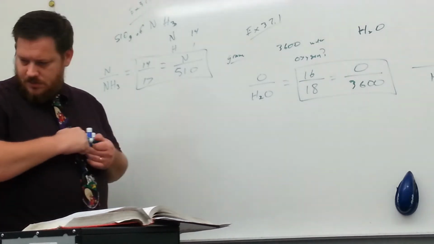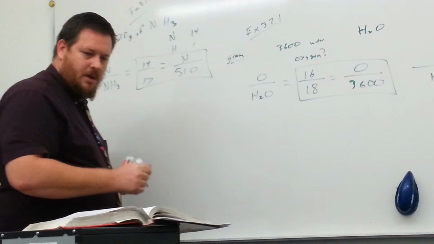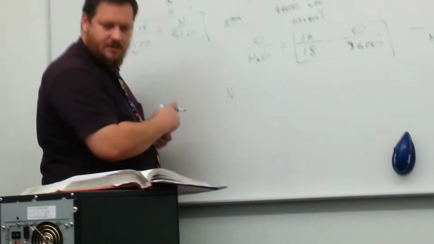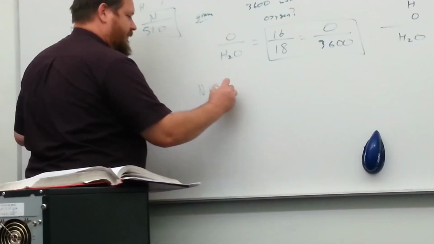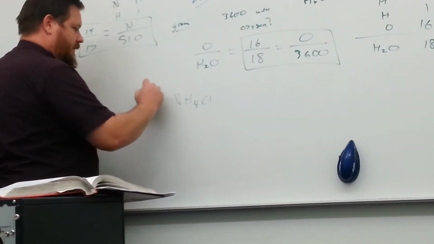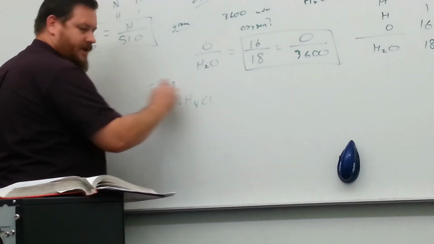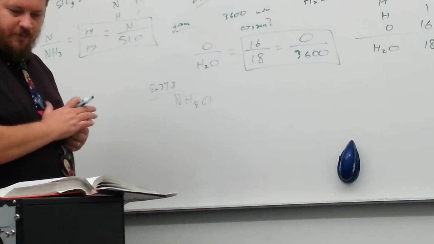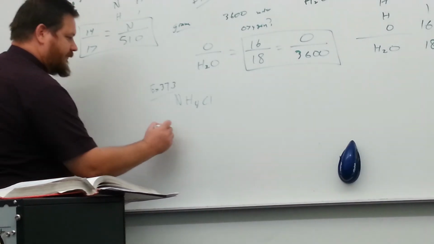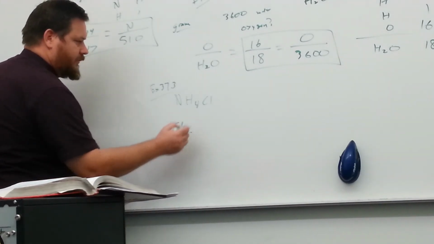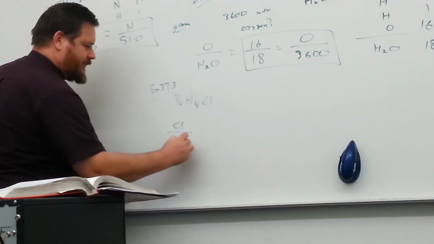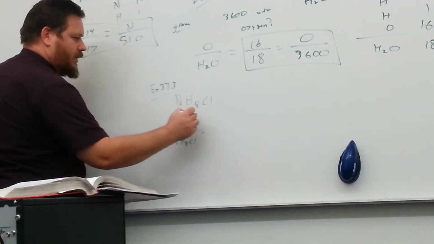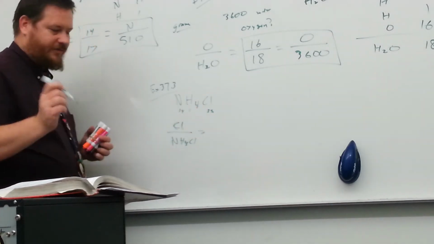One more example real quick. So we've got ammonium chloride, which is NH4Cl. And this is example 37.3. And it says, how many grams of chlorine are there? So we're looking for the ratio of chlorine to this molecule, NH4Cl. Nitrogen is a weight of 14, hydrogen is 1, and chlorine is 35, and the problem tells you that.